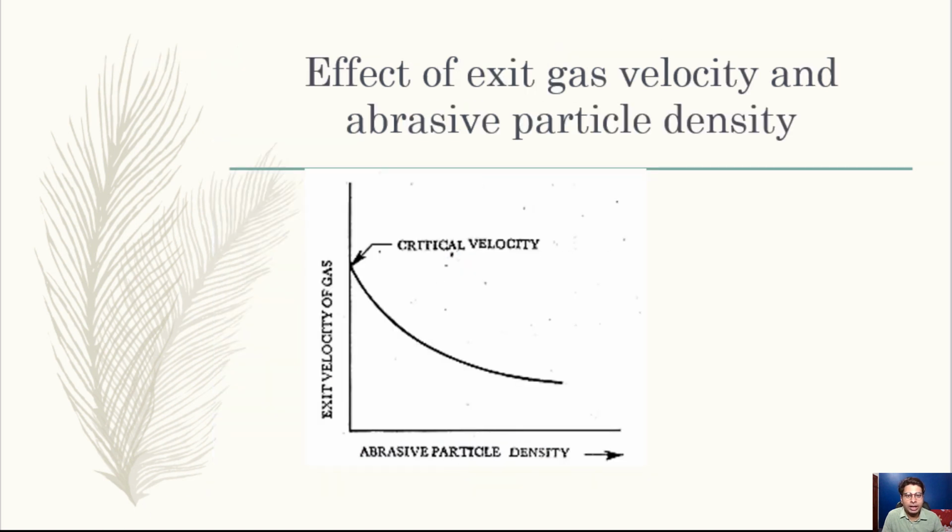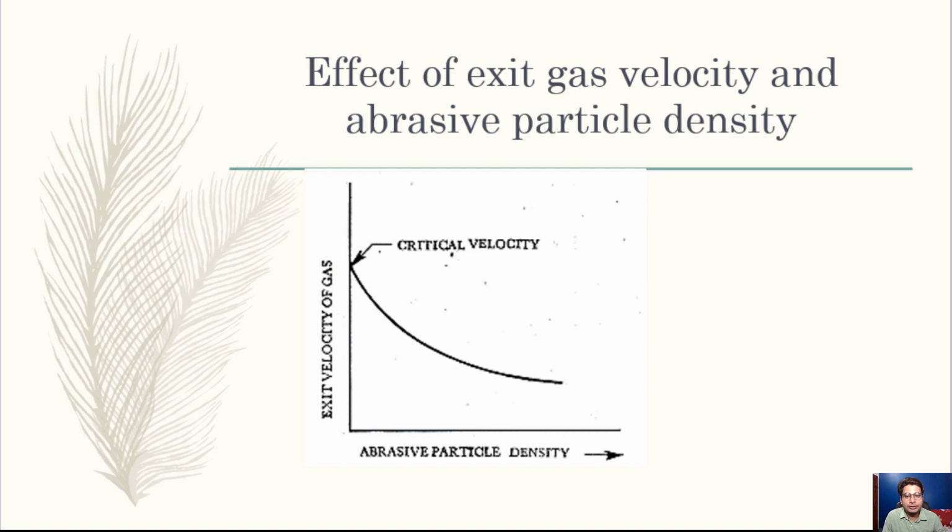Coming on to the effect of exit gas velocity and abrasive particle density. The velocity of the carrier gas conveying the abrasive particles changes considerably with the change of abrasive particle density, as can be seen in this slide.